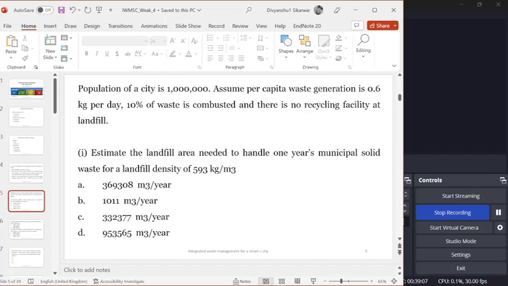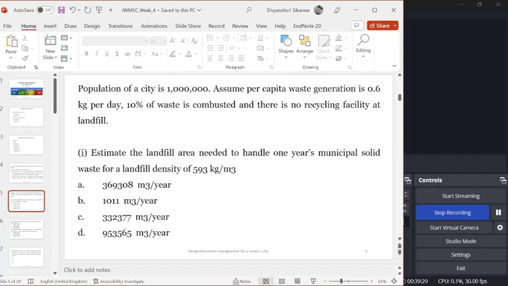So now we have to estimate the landfill area needed to handle 1 year's municipal solid waste for a landfill density of 593 kg per meter cube. Since we have the density, we can directly calculate the volume.